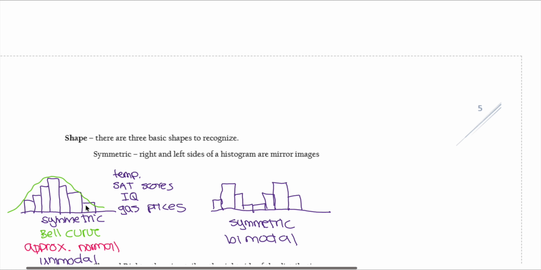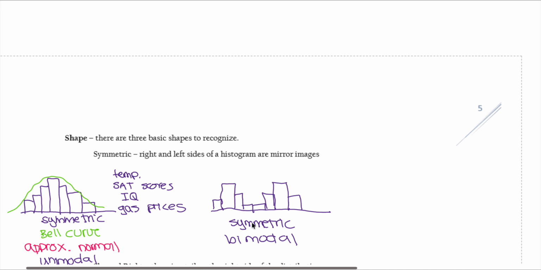No one can guarantee they're completely equal. That's rare in real life. But if they're approximately equal, and there isn't a lot more data on one side compared to the other, then we can say that the shape is symmetric.